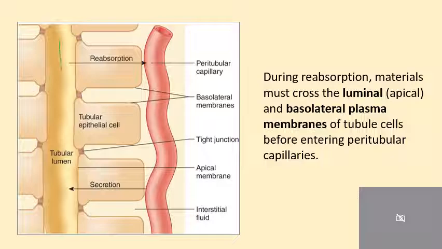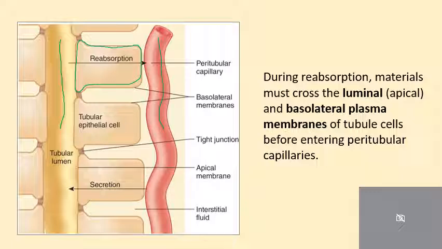So here we see filtrate inside the lumen of a renal tubule, and we see blood inside the lumen of a peritubular capillary. The wall of the renal tubule is made up of cells, those simple columnar epithelial cells, and I'm outlining one of those epithelial cells here.